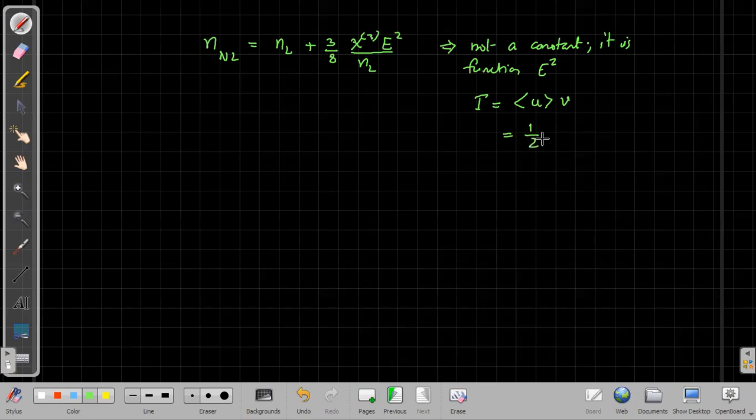So this becomes half epsilon E square times V, the general expression for intensity. So the intensity and E square are related. That means the nonlinear refractive index will change with the intensity of light.